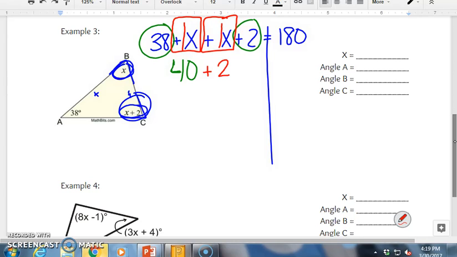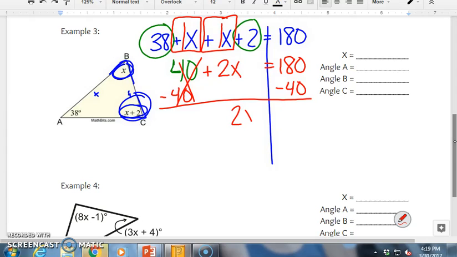So I have 2x. And now I have a 2-step problem again. So I subtract 40. I get 2x equals 140. I divide by 2.